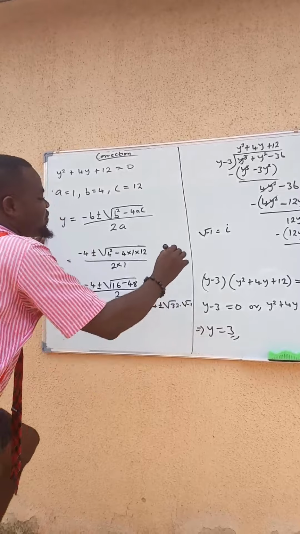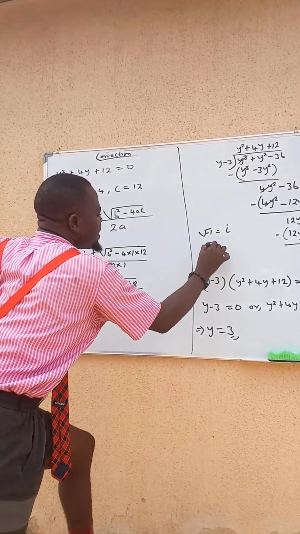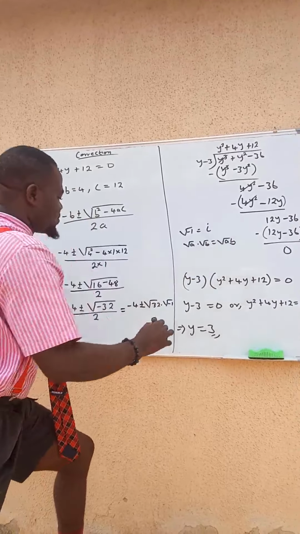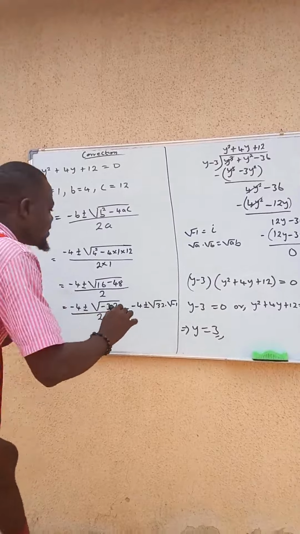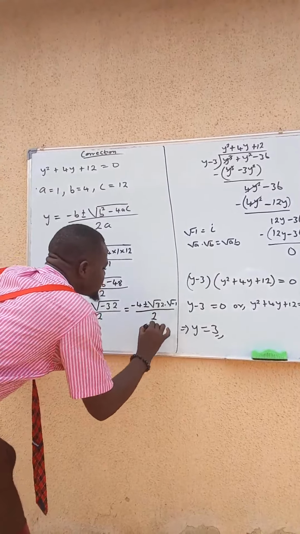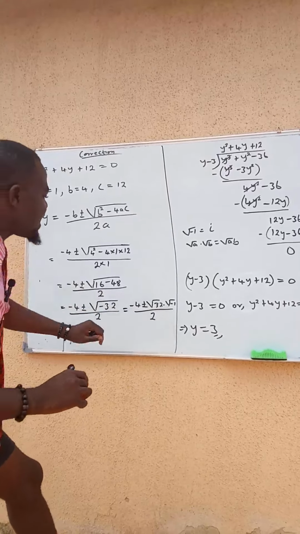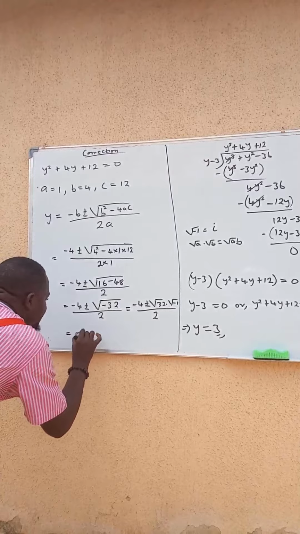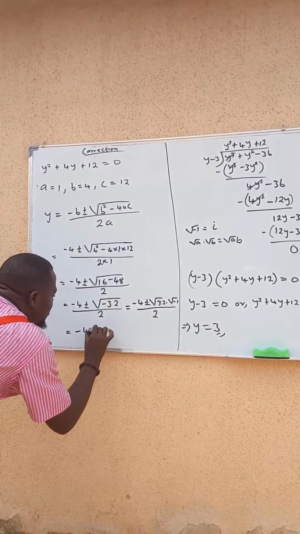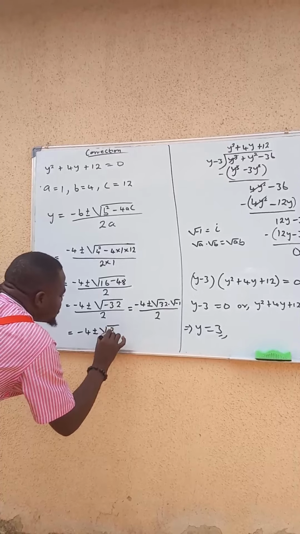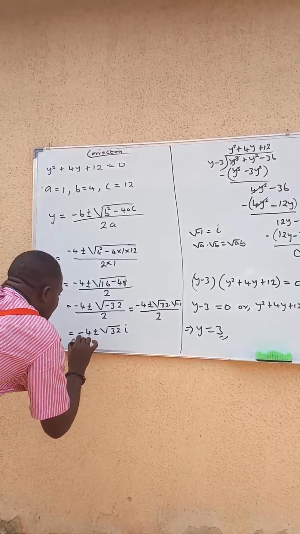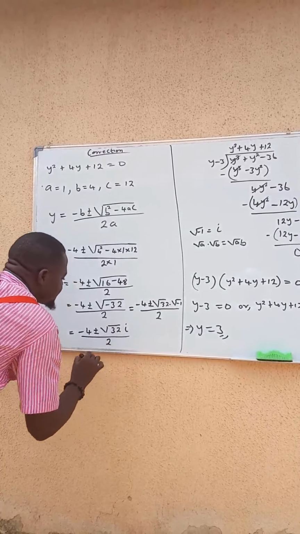You all know that if you're having two surds, root A times root B is equal to root AB. So it's still the same thing over 2. So if I multiply this, this will now give me equal to minus 4 plus or minus the square root of 32 i outside, that is a complex number, over 2.